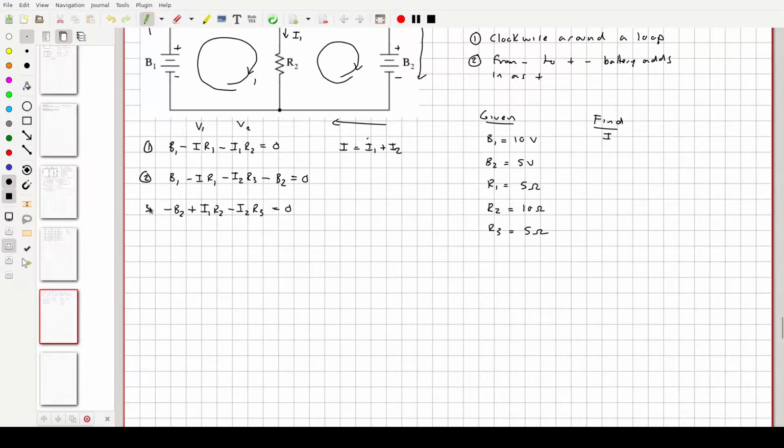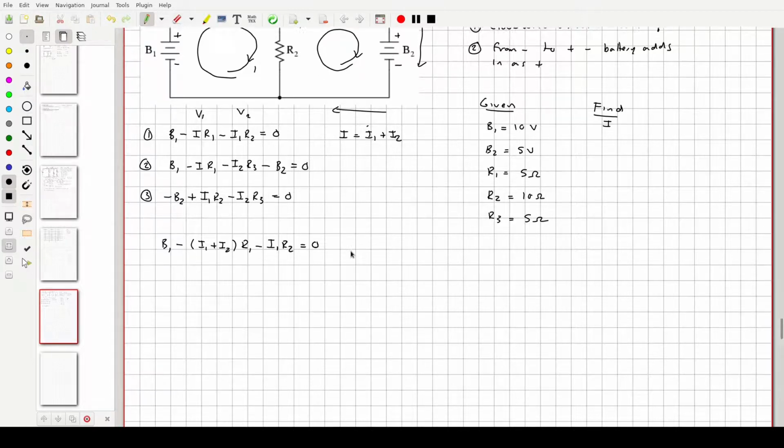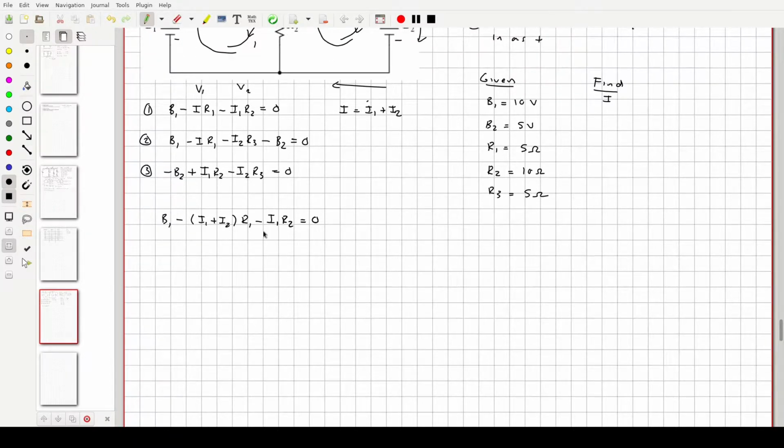I'm going to call this equation 1, this equation 2, and this equation 3. So we have B1 minus I, which is I1 plus I2, times R1, minus I1 R2 is equal to 0. If you do a little bit of math here to simplify things, and let's get the I1s and the I2s by themselves, I have B1.